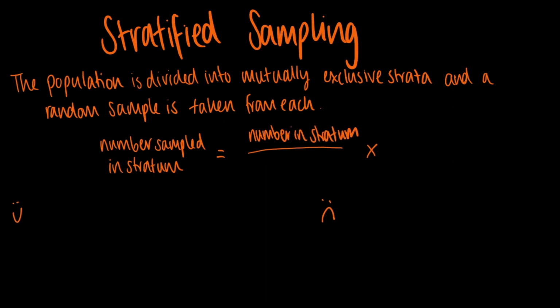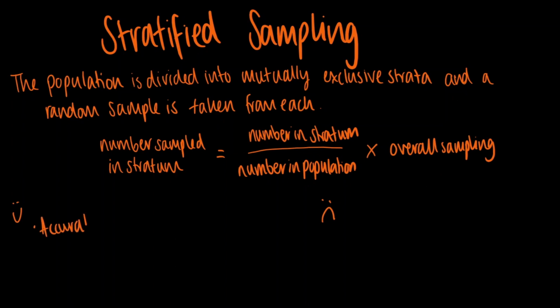To find the random sample in a stratum, you take the number in the stratum over the number in the population, multiplied by the overall sample size. This gives you the number that you need to sample in each stratum.